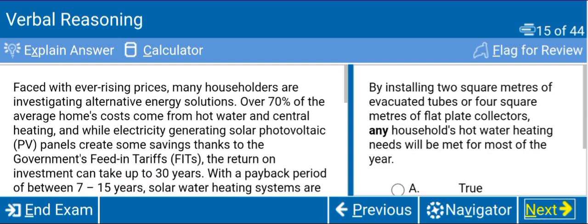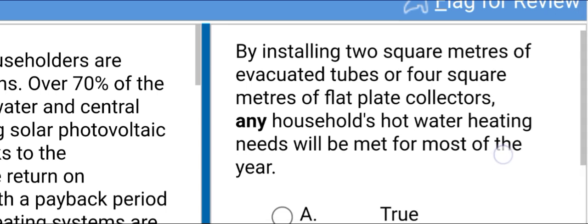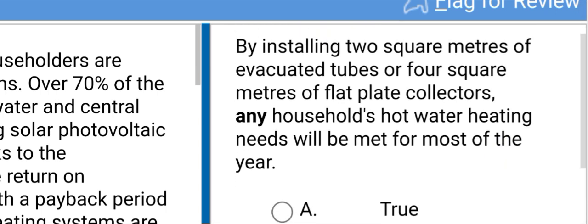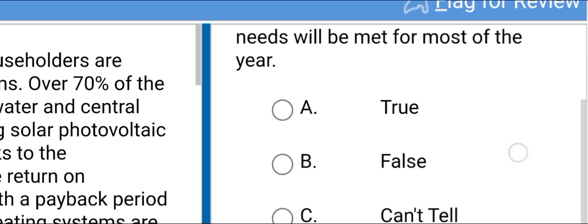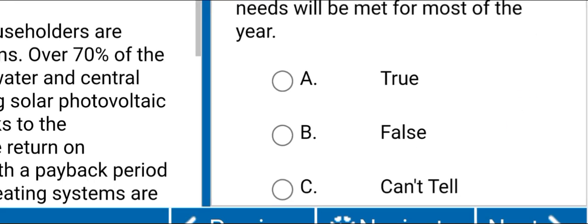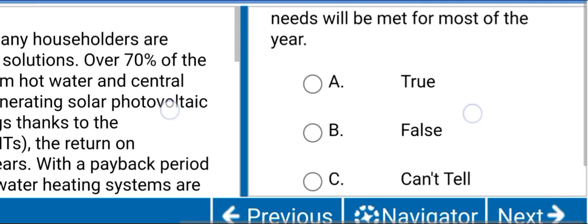Okay, next we have that by installing 2 square meters of evacuated tubes or 4 square meters of flat plate collectors, any household's hot water heating needs will be met for most of the year. Option A, true. Option B, false. Option C, can't tell.